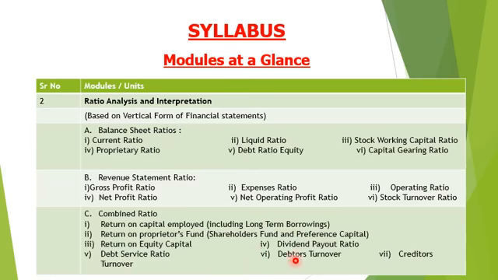Next is the debtors turnover ratio, which is related to the sales. The ratio is debtors plus bills receivable upon net credit sales. In the same way, creditors is related to the purchase, so the ratio is creditors plus bills payable upon net credit purchase. So in this topic we have to learn some ratios and formulas.